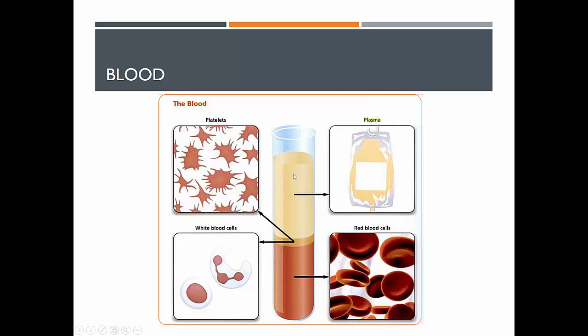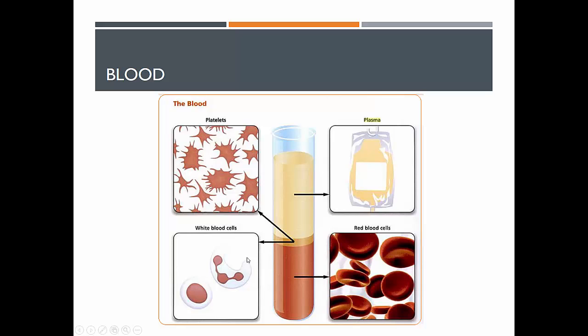Alright, so this is a centrifuged vial of blood. A centrifuge is a piece of equipment that allows you to separate the contents of a liquid based on density. We can see here that a large section of the blood is just the red blood cells, the erythrocytes, and then another large section is plasma.